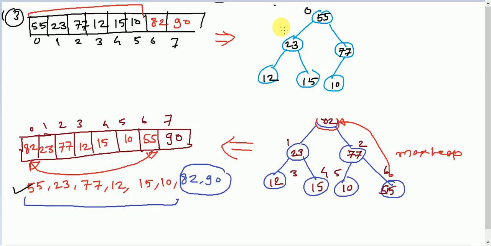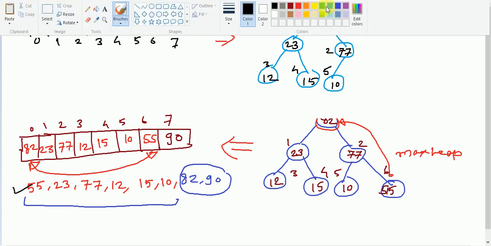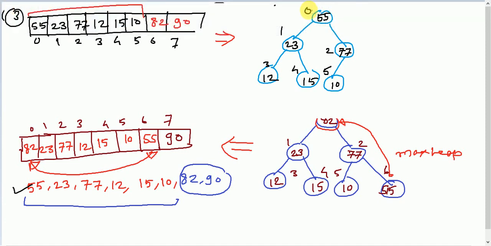Now if you look here, the 0th index has violated the rule of max heap. So we'll go for heapifying from the 0th index. The parent is 55, the left child is 23, the right child is 77. Among these three, the largest is 77. So 77 should come at the place of 55 and 55 should go at the place of 77.